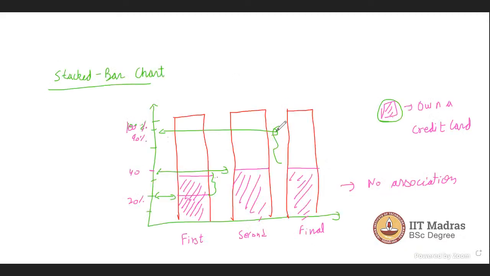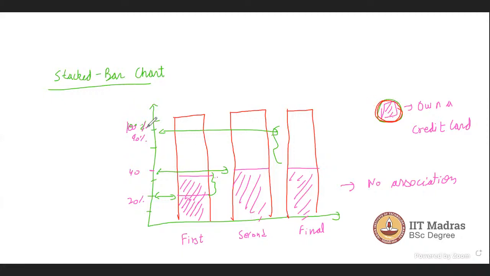Hello, sir. Sir, can you explain how, from that gap, we will get no association or association? I have a little network trouble, so you are not audible to me. So see here, this denotes those who own a credit card.